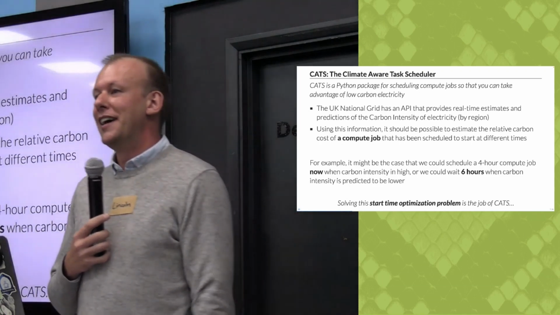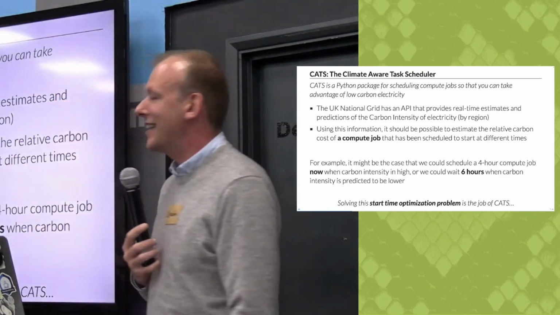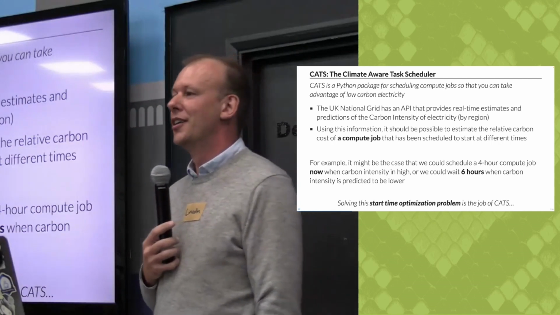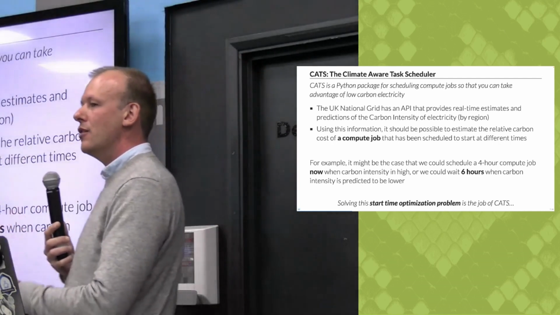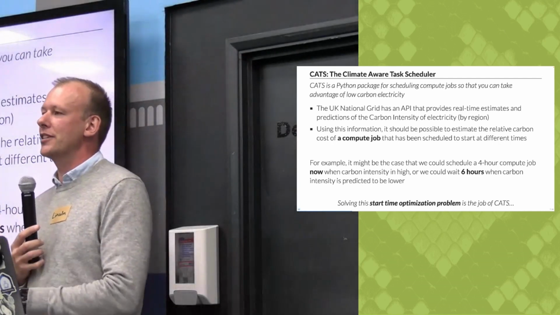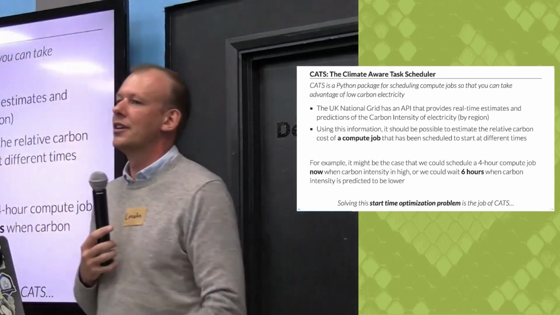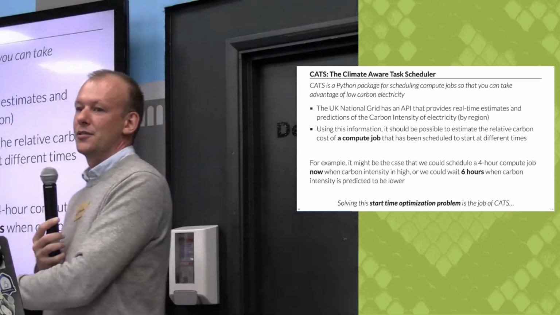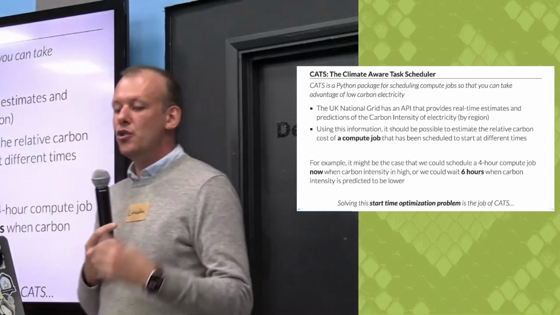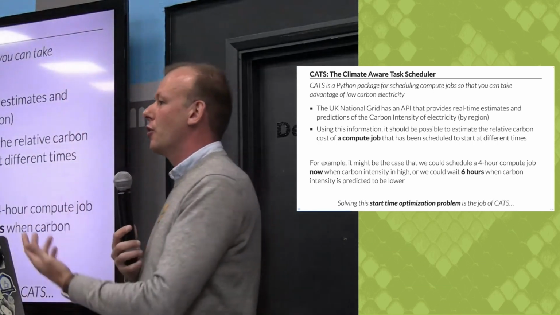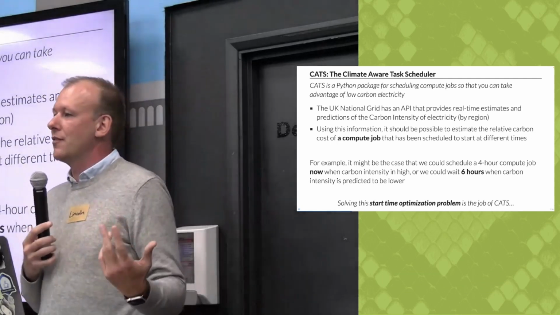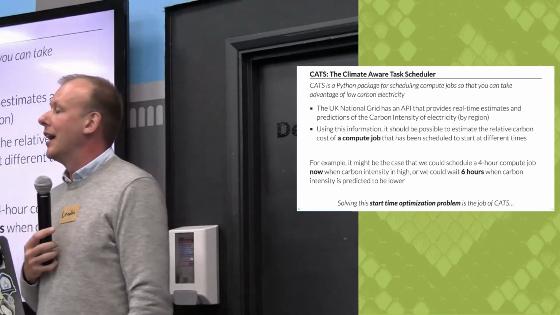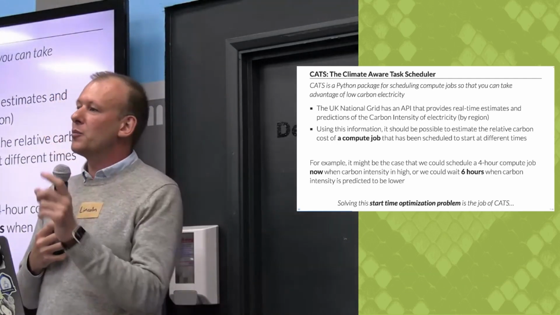Turns out, very handily, the UK National Grid provides an API which you can query that will tell you the carbon intensity of the electricity reaching your particular region, and will give you predicted carbon intensities for the next 48 hours, right? Using that information, if you have a long compute job that you need to run, say a 4-hour job, there is an optimal time to run that.